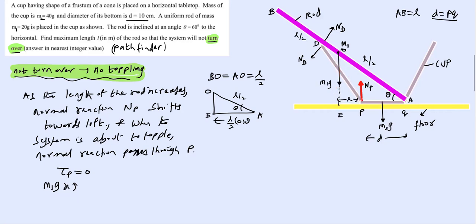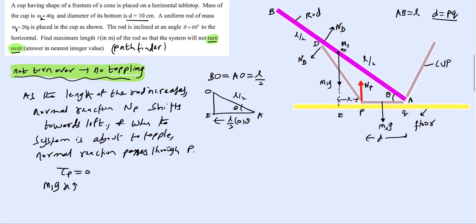Then the normal reaction NP will pass through the point P only, so the torque due to this will be 0. The torque due to the normal reaction by the cup on the rod and by the rod on the cup will be equal and opposite about point P. So that will get nullified.